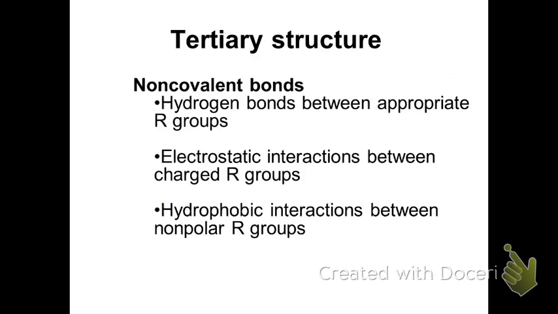So the first ones that we're going to look at are non-covalent bonds. And the first non-covalent bonds are the ones formed by hydrogen bonding.